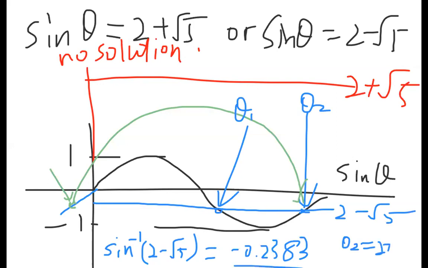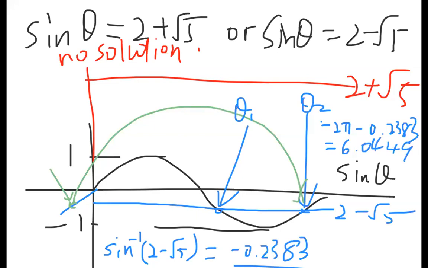So 2 pi minus the arcsine, which is 6.0449. Okay.